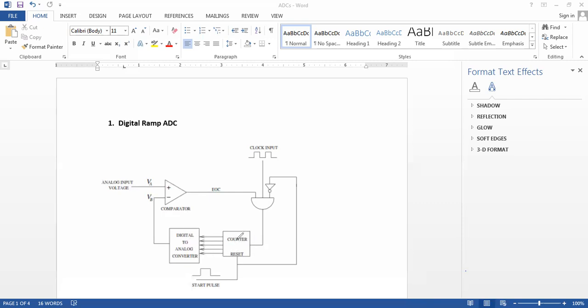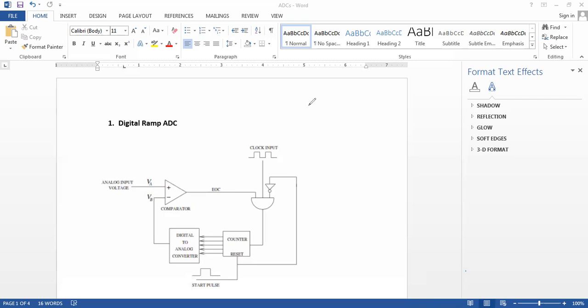The output of the counter is fed into a digital to analog converter. That means the digital equivalent stored in the counter is converted into analog form to obtain our analog signal, VB. Then the inputs to the AND gate are the output of the comparator, a clock input signal, and the output of a NOT gate.